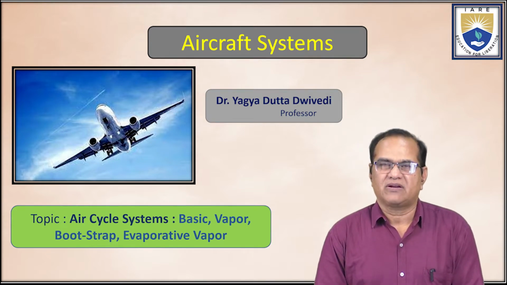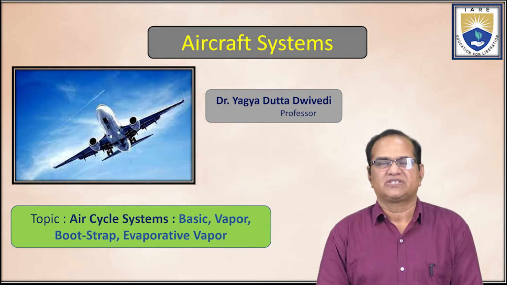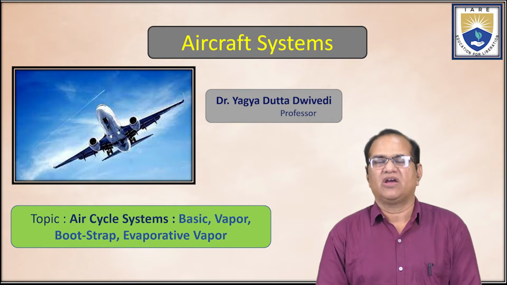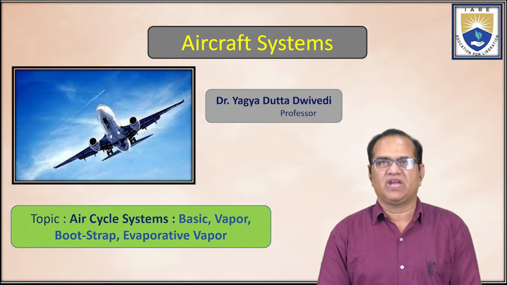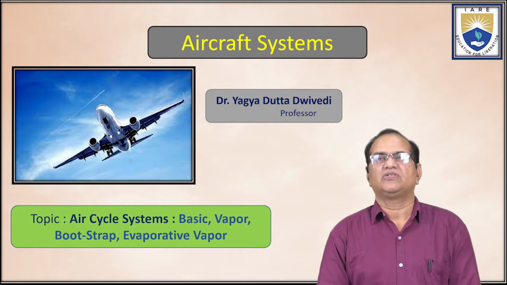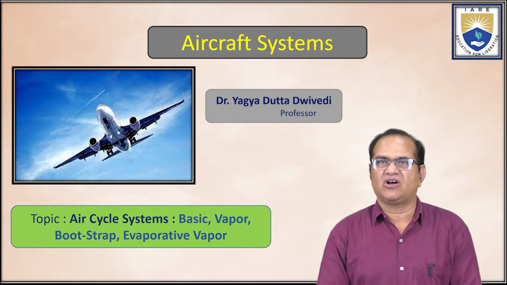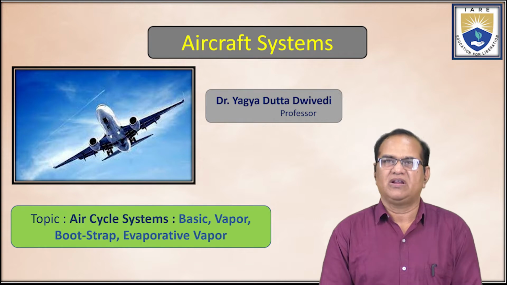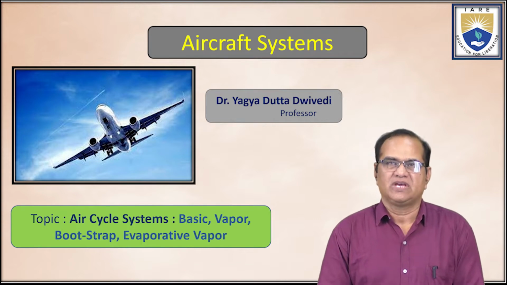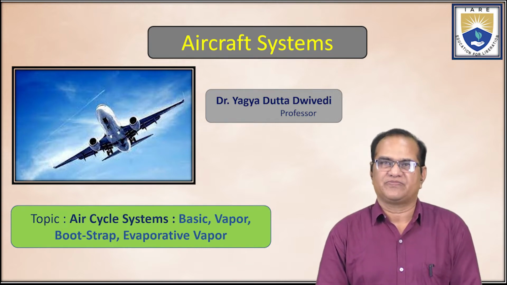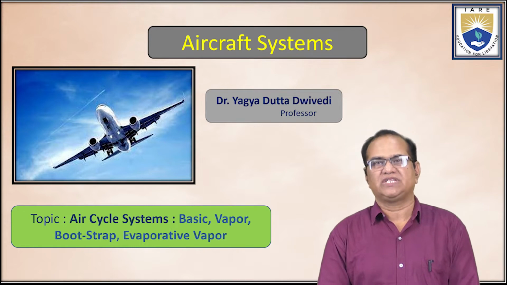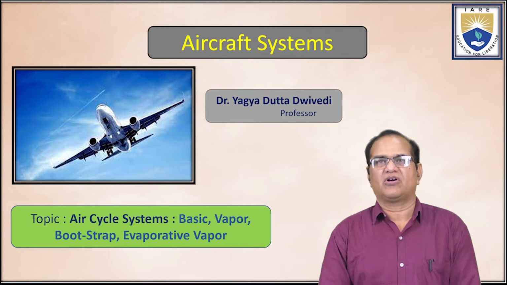In the aircraft structural or airframe system, I have covered the structural components like the wing, fuselage, tailplane, empennage, and their constructions, and how the wing is constructed with different longerons, stringers, and so on. For the fuselage, we have seen monocoque, semi-monocoque, and different types.